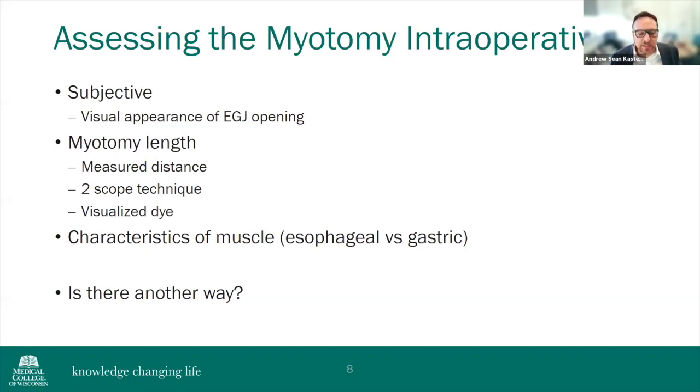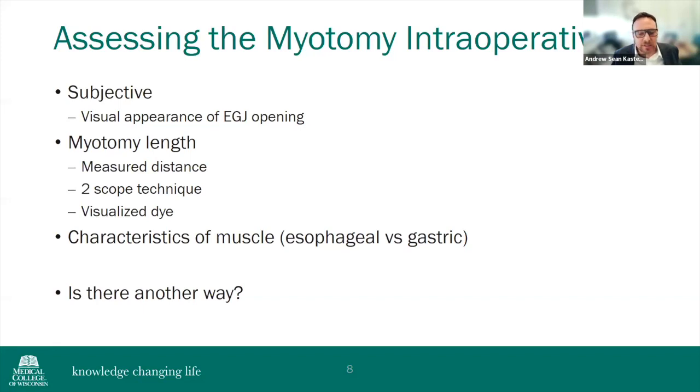You can measure the distance based off of the endoscope. People have described a 2-scope technique where you have a pediatric scope in the tunnel so that you can see how far the light goes down. You get a regular scope in the stomach, and you can see if that tunnel has made it past the GE junction. And then people have used dye as well. Other indicators that we've got are endoscopic appearance when you're in the tunnel.